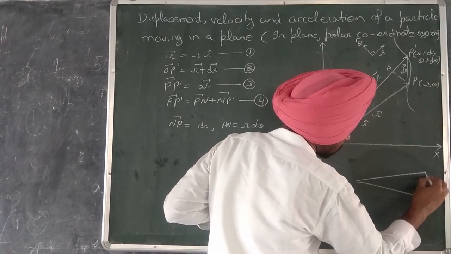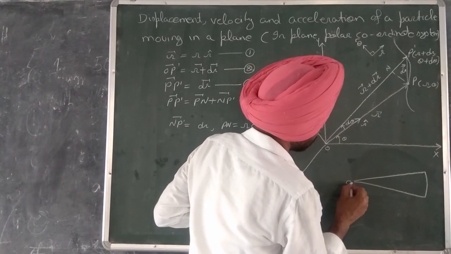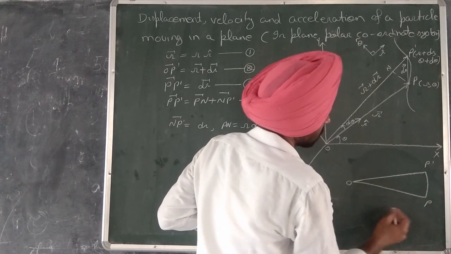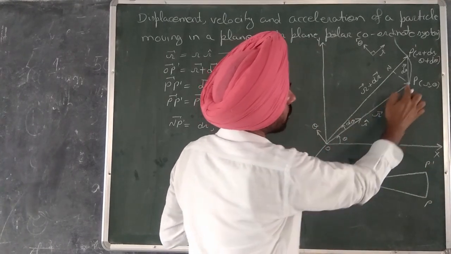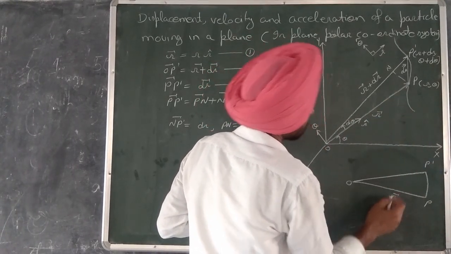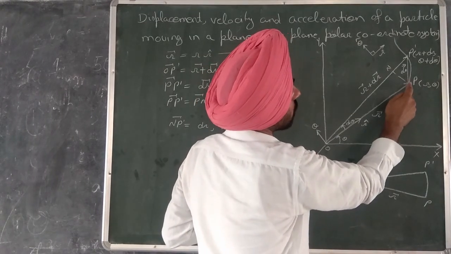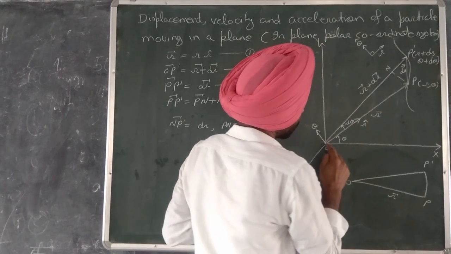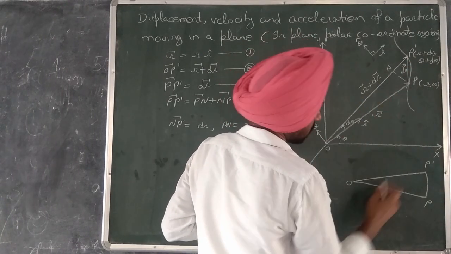This is like this. This is point O. This is P. This is P prime. So OP is r. As we draw PN perpendicular to OP prime, therefore OP equal to ON.